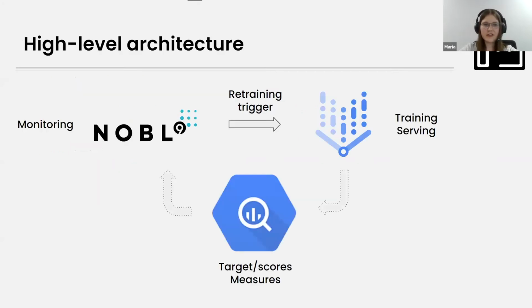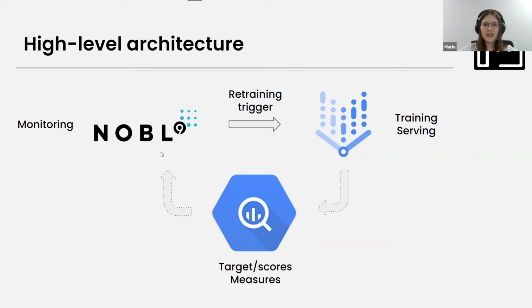In the view of high-level architecture, we have the Nobl9 product which is monitoring target and score values, which come, in our case, from BigQuery. Then it goes to the Nobl9 product, which is meant for monitoring it.